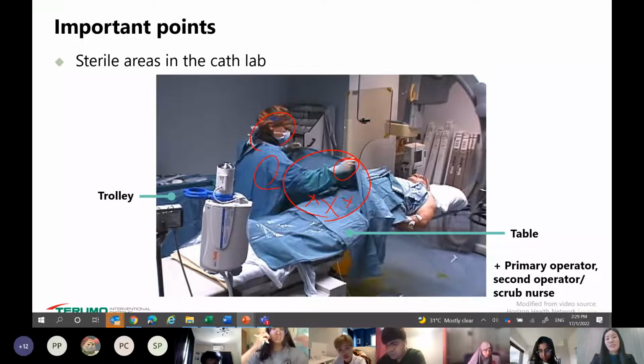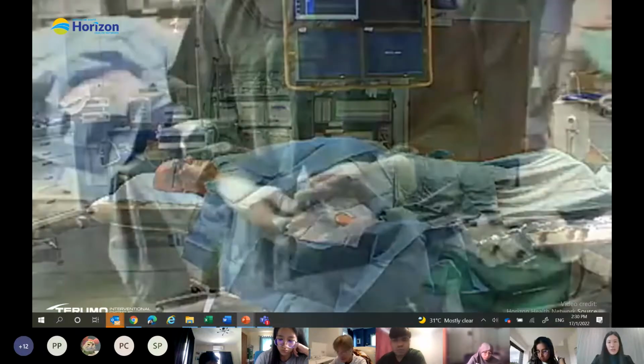When we pass by, we don't just touch the surface, because typically we don't wear gloves. It depends. But typically we are always handling things like pens and things that are not sterile from outside the lab. So we don't touch surfaces on the patient's table, and we don't touch the operator either. We don't pass them things either. Okay. So let's move on to the video.